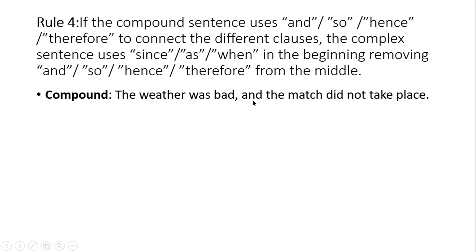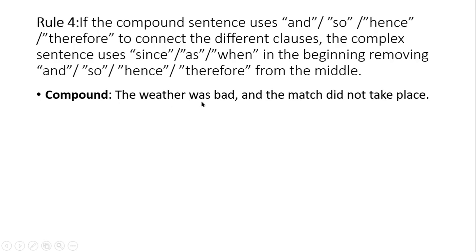So for and, when this type of clauses expresses reason. Before this rule we had and that did not express any reason. But here you see the weather was bad. This is a reason, and the match did not take place.